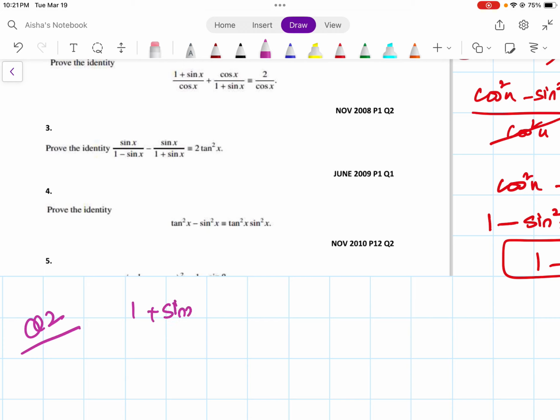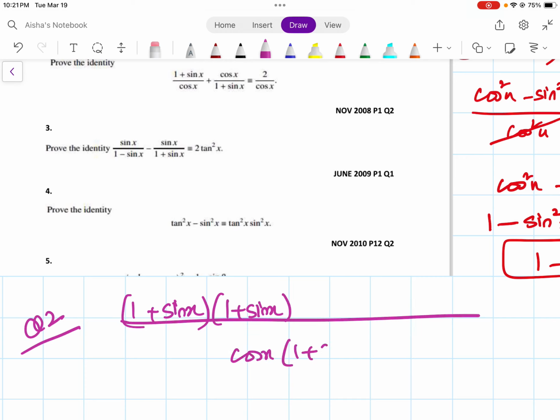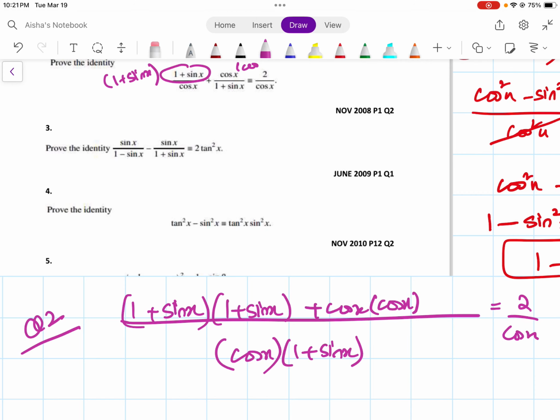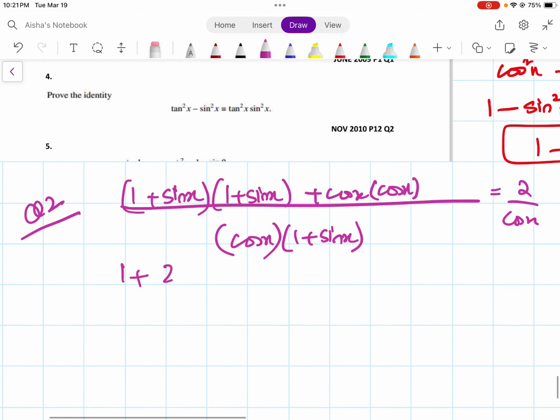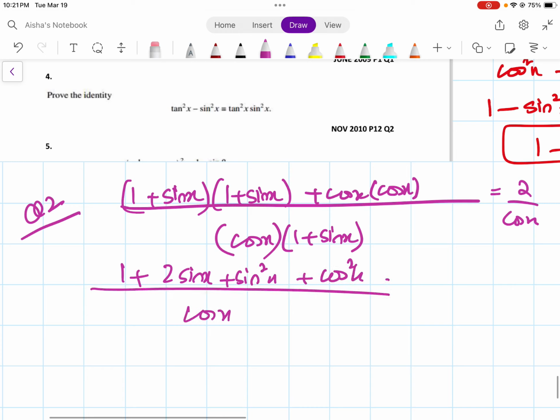Okay, now let's move on to question 2, which is proving the identity. 1 plus sine x to be multiplied by 1 plus sine x. Actually, I've taken the LCM first. The product will be the LCM, so this will be multiplied with 1 plus sine x, and this will be multiplied by cos x, equals to 2 upon cos x is what I have to prove. 1 plus 2 sine x plus sine square x over cos square x.